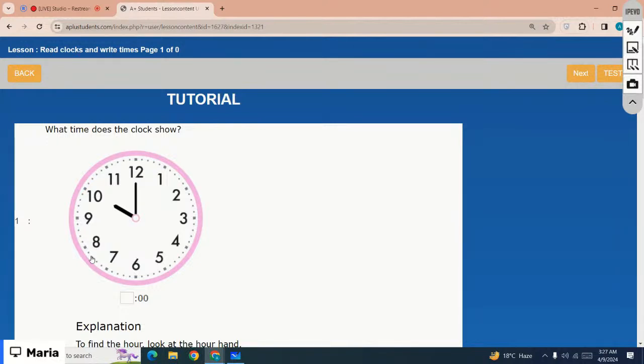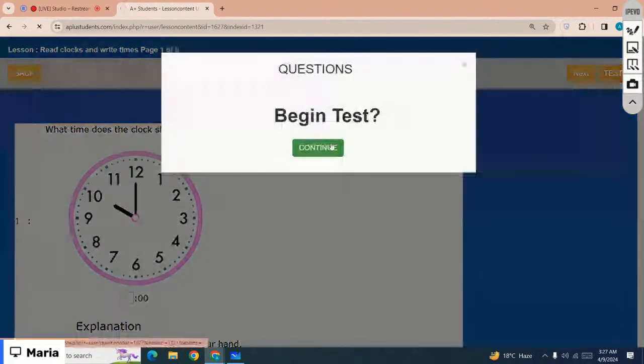The correct option is yes, 10. Let's just start with the test questions. I think the test questions are exactly the same, but let's just do them.